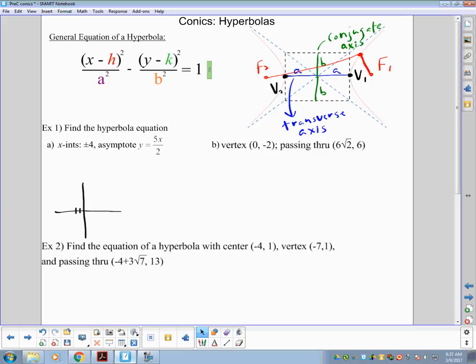I should have warned you before, but 1, 2, 3, 4, 1, 2, 3, 4. Make it kind of small. I'll show you why in just a minute. Okay, so we have x-intercepts at plus or minus 4.